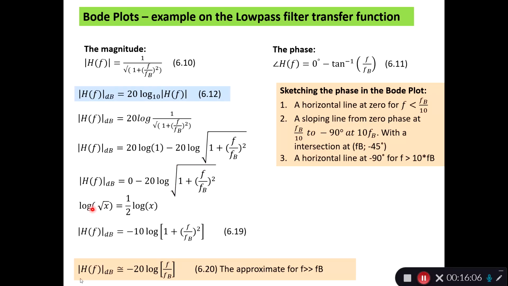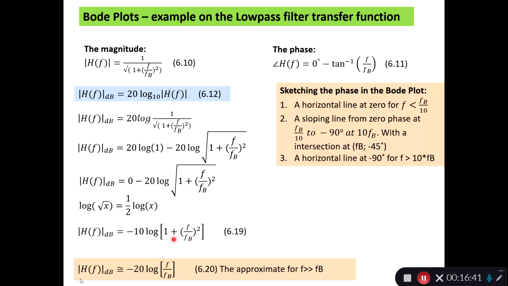Then from math, we know that if we take the logarithm of a value that has been rooted, we can take the root and it becomes a half. So this square root we can actually replace by a half. And then since we had minus 20 in the beginning, divided by a half, then we get 10.